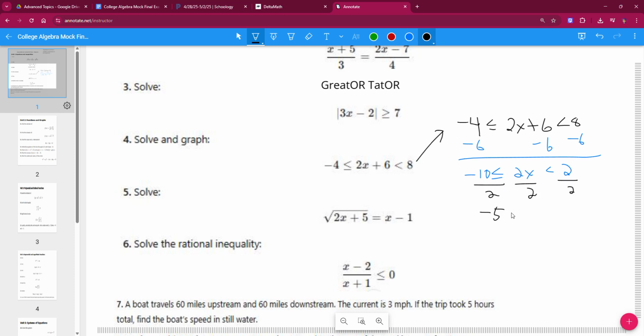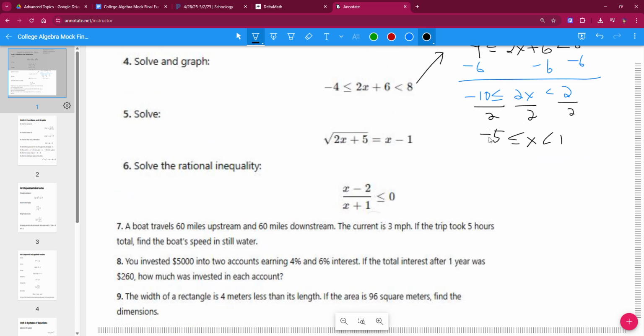So -5 is less than or equal to x is less than 1. So that is one way you might see it, but if we were going to write it in interval notation, an equivalent way to write this, because this has the equal sign, I put the bracket, -5, 1, parenthesis. So that is an equivalent way to say it.